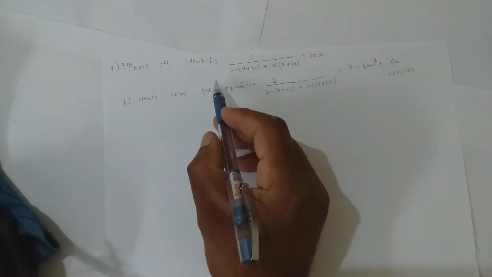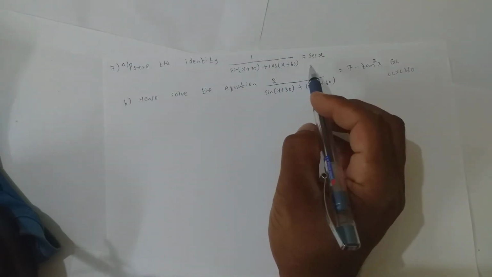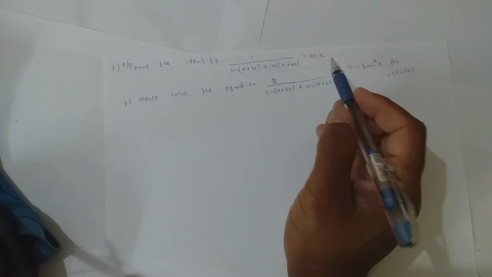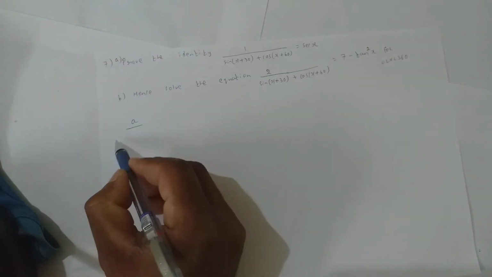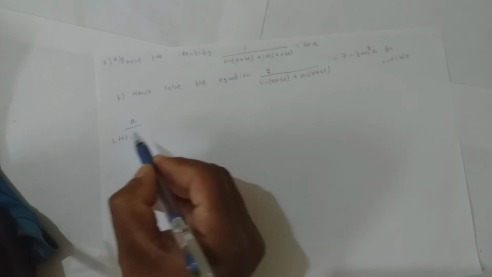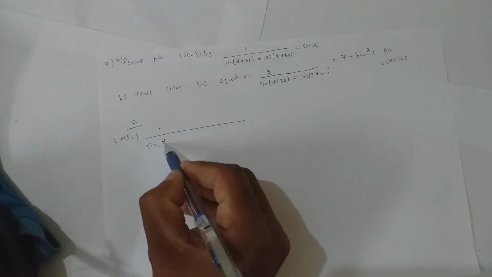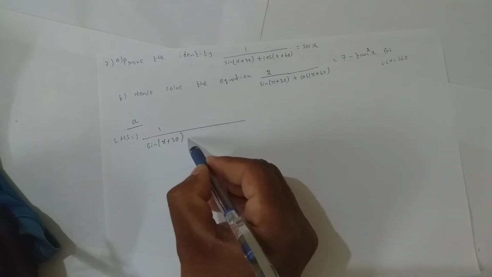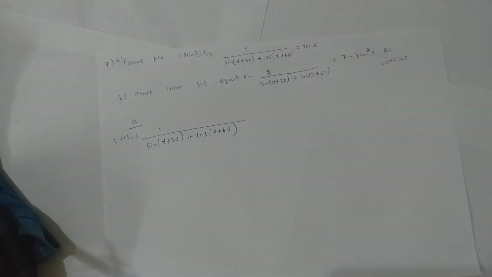Prove the identity. 1 by sin x plus 30 plus cos x plus 60 equal to secant x. We will see the second bit later. First, let us prove the first bit. What do I take? Left hand side I take, which is nothing but 1 by sin of x plus 30 plus cos x plus 60.